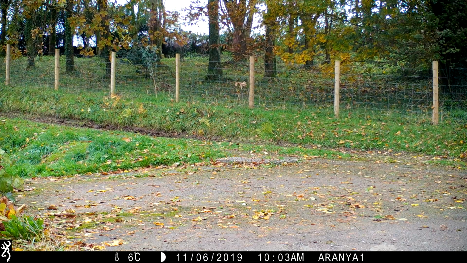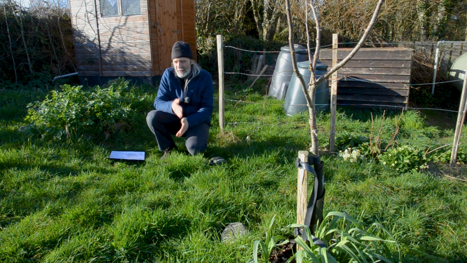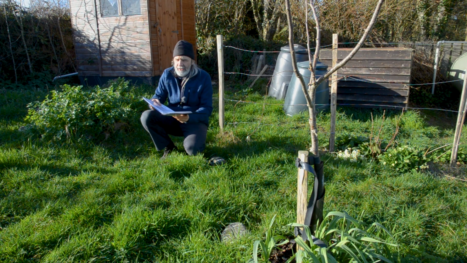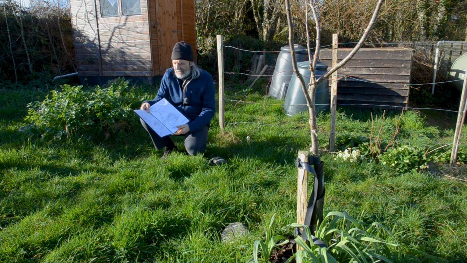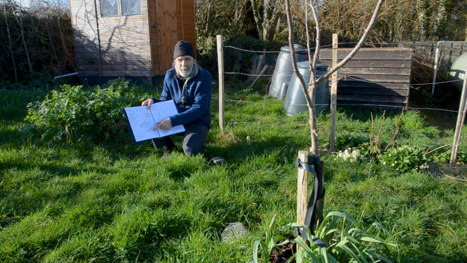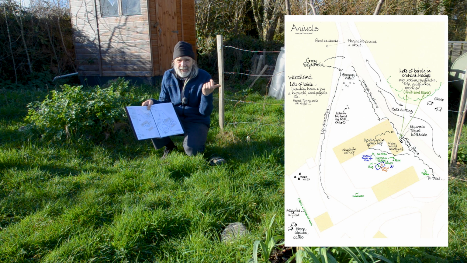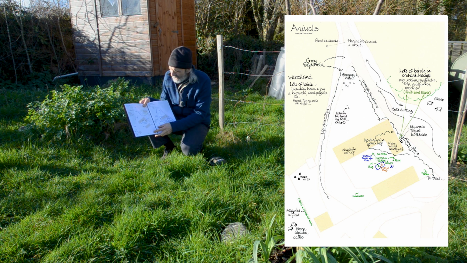Of course this also records during the day, and that can also be useful. So start making a record of what you're seeing around the site, and again looking at what are their desire lines. So here's our animals map. So again, I'll stick that up on the screen so you can see it properly.